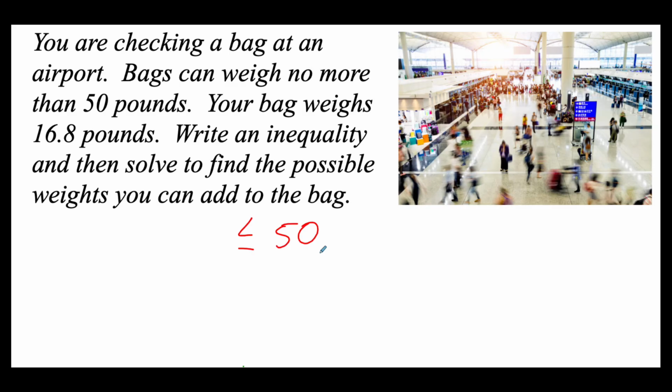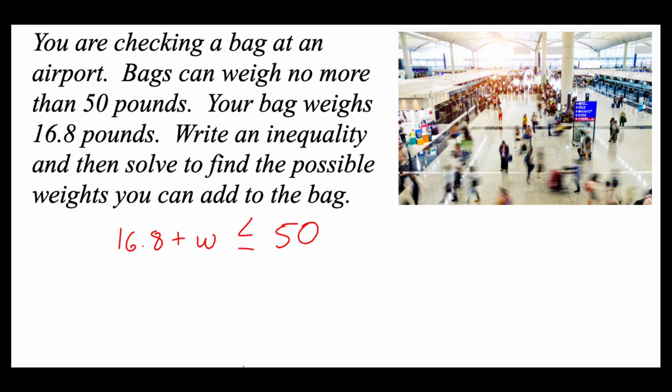So right now, we've got 16.8 pounds in there, and we're thinking about adding in some additional weight. So I'm going to write that as 16.8 plus W, and I'm going to call it W because we're talking about adding weight. Now what we want to do is solve to figure out how much more we could add to this bag and not go over that 50-pound limit.